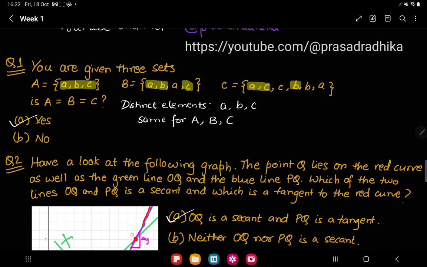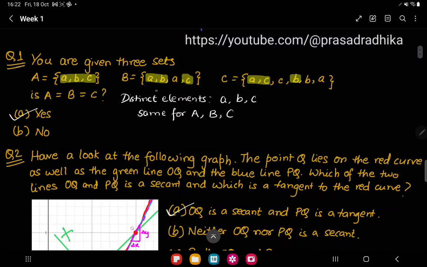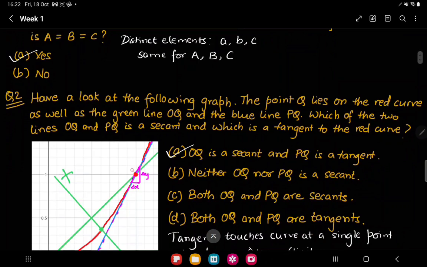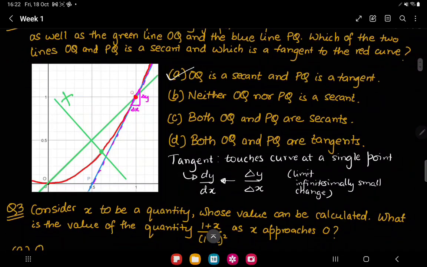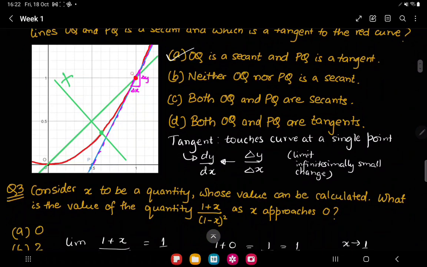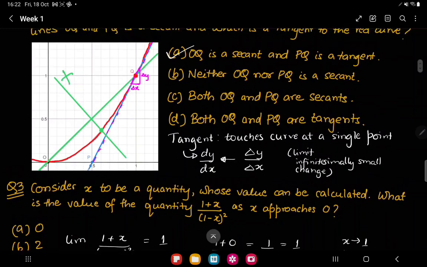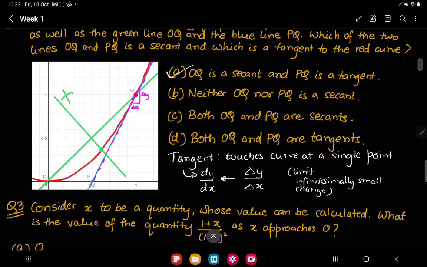So in sets, you basically write distinct elements. You can repeat the same element as many times as you feel like, but you actually consider only the distinct elements. So that was this question. Then tangent to a function at a point is actually its derivative at that point.